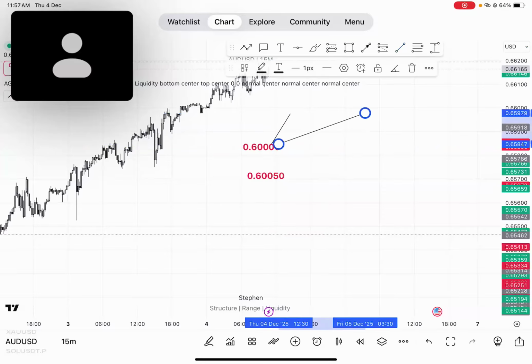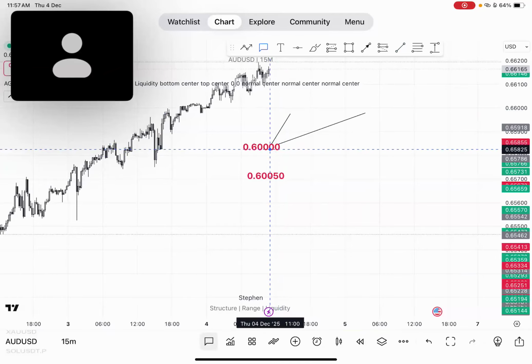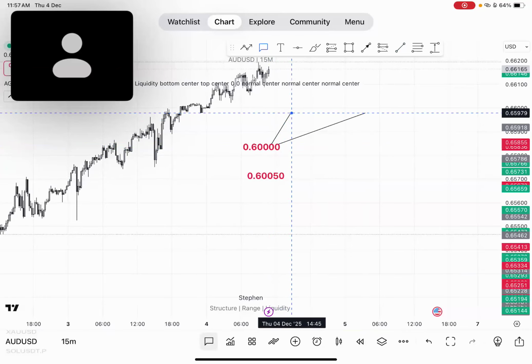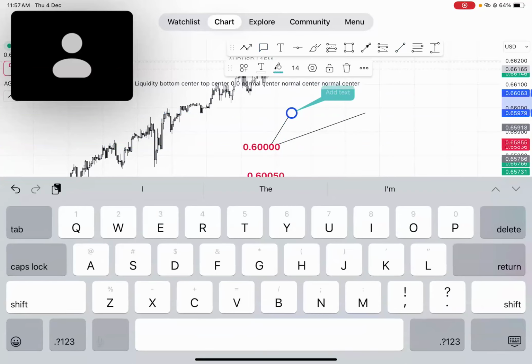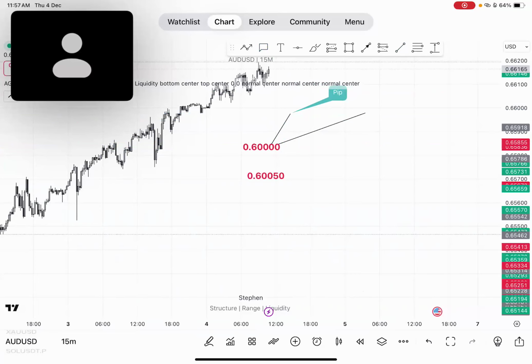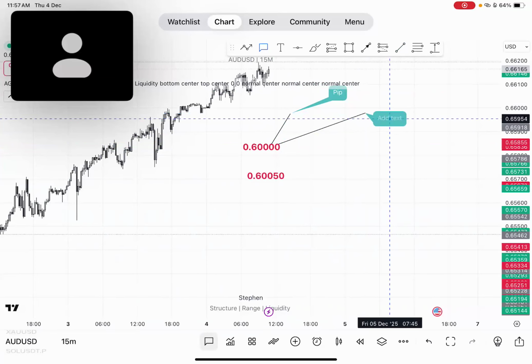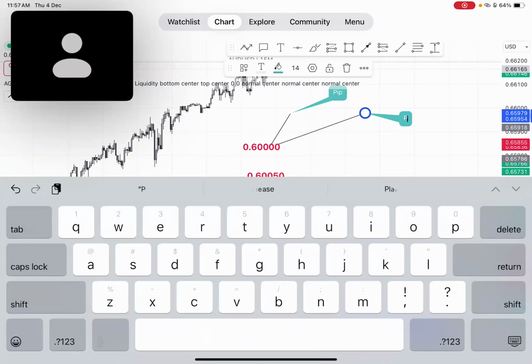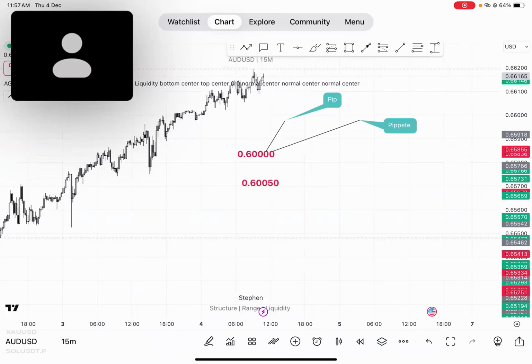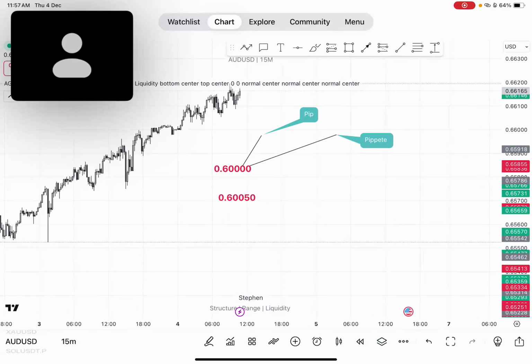See, this is how it works. Let me explain what you don't know. Why is this fifth digit here? What's the fifth digit? This one is called a pip. This one is called a pipette. I don't know if I will spell it right here, but the pipette has no strong distance.